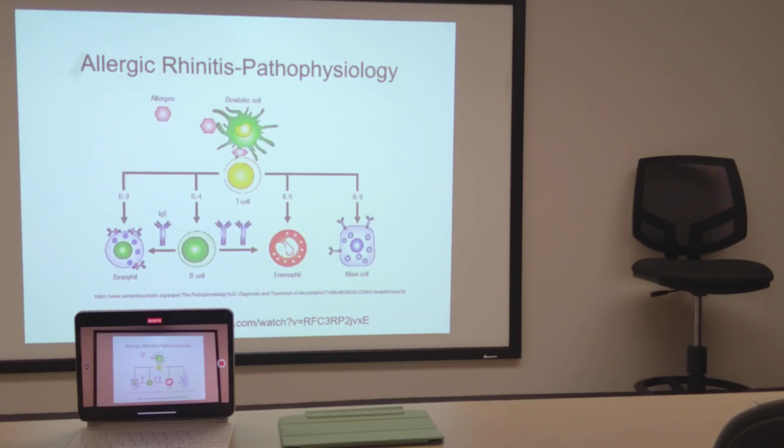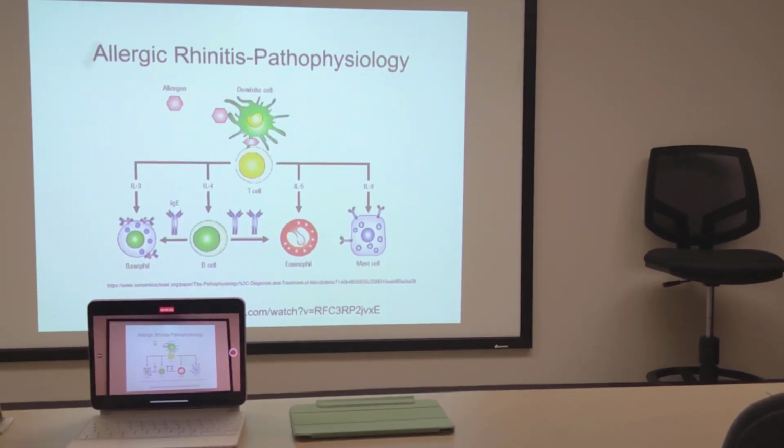Let me ask you this question. You learned the pathophysiology in your first year. The immune system is one of the systems you learned before. So what is the role of the dendritic cell here? Just remember. What does the dendritic cell do here?